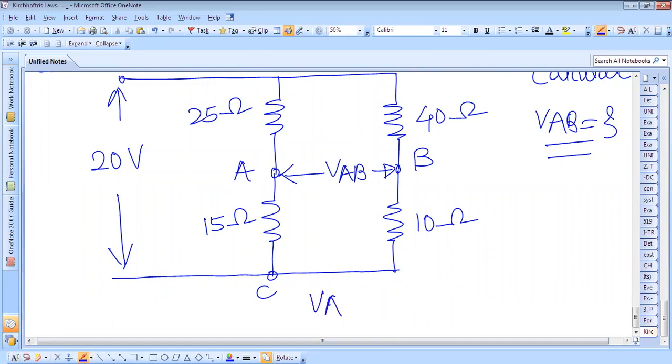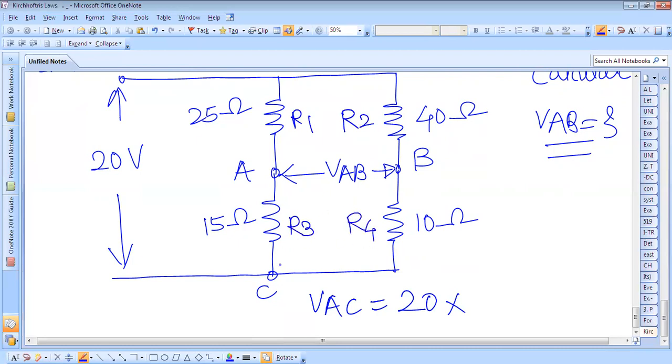So VAC is equal to, what is the voltage across this AC, is equal to total voltage, that is 20 into, this is R1, R2, R3, and this is R4.